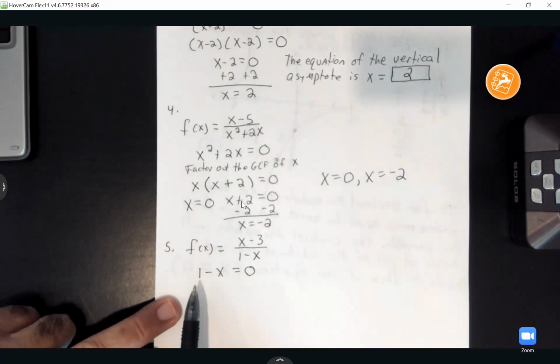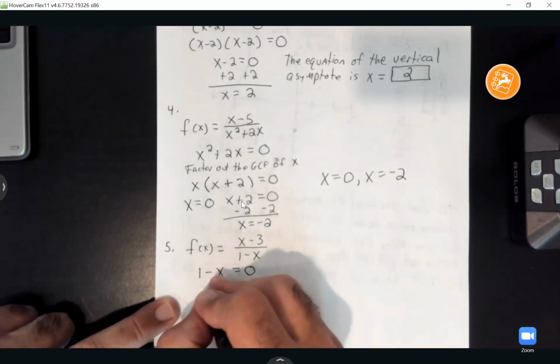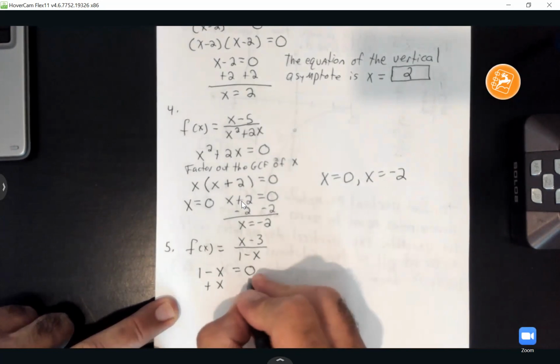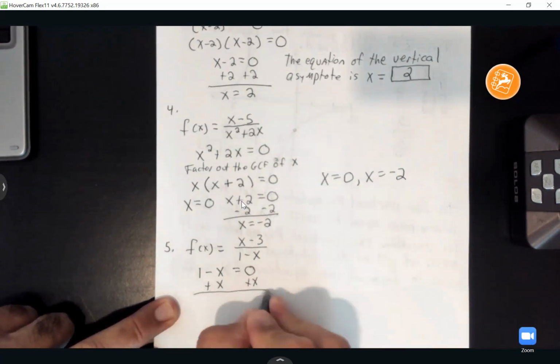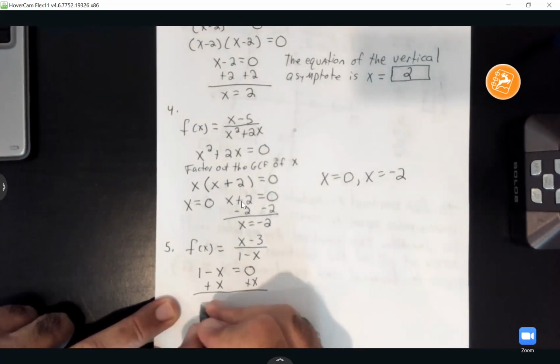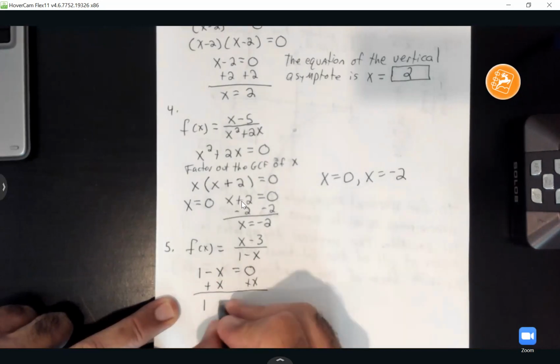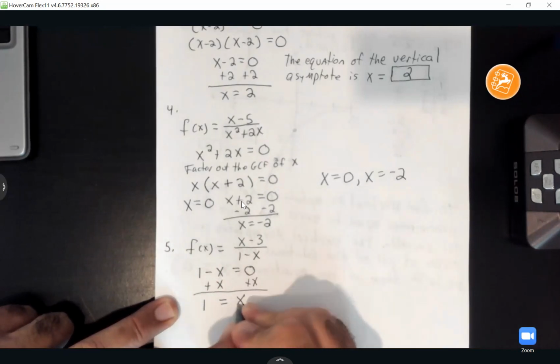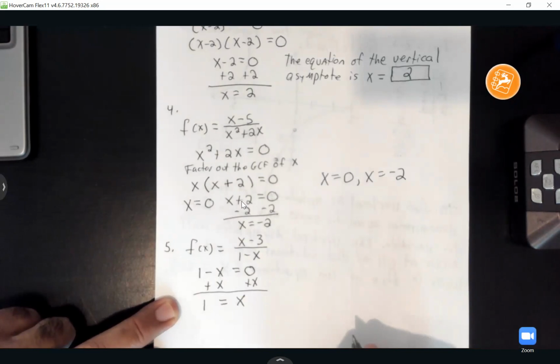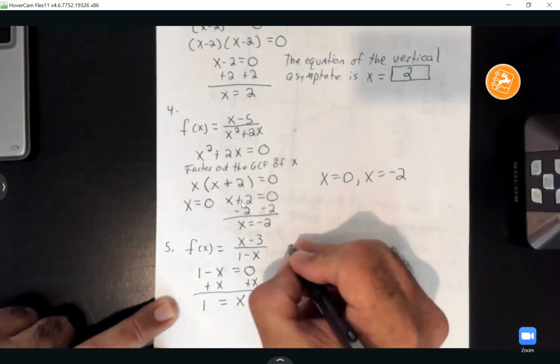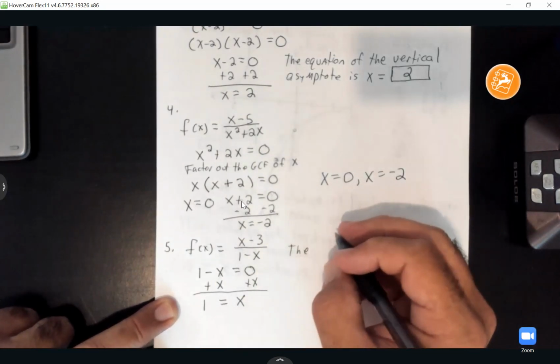Now, if you want to, you can subtract 1 from both sides and then divide by that negative to make that positive. But usually when I see something like this, if you just add an x to both sides, sort of like the one we had a while ago, that leaves the 1 over here, that cancels, and then that equals my x.